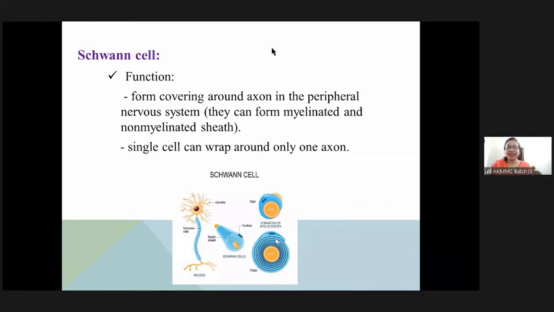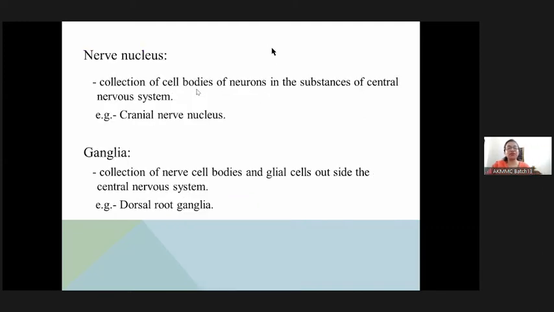That means the covering of those neurons was by Schwann cell. Okay? We always have to study in a coordinated way, otherwise we will not remember. Our medical syllabus is so vast, we always have to correlate. Okay, we already know what is nucleus and what is ganglia.